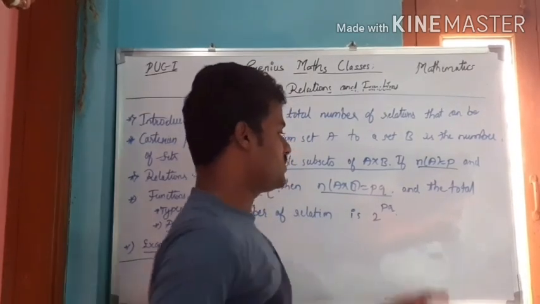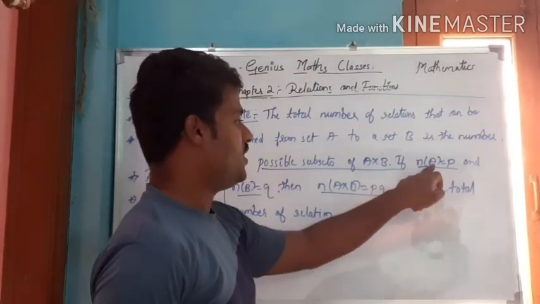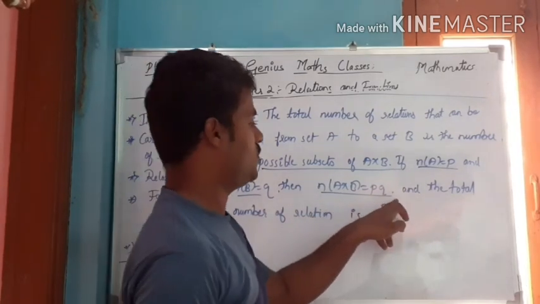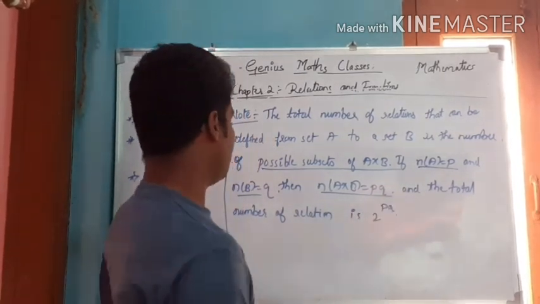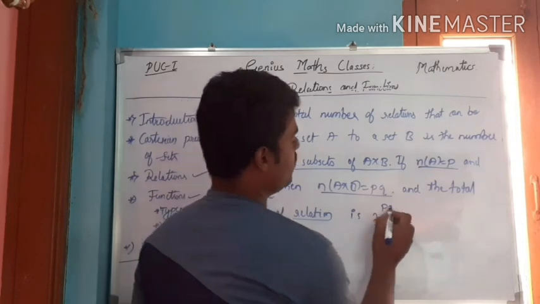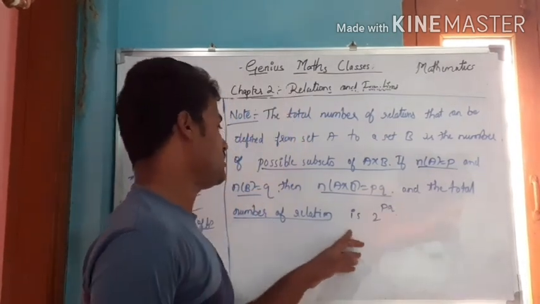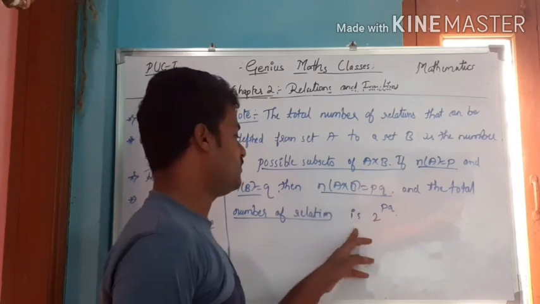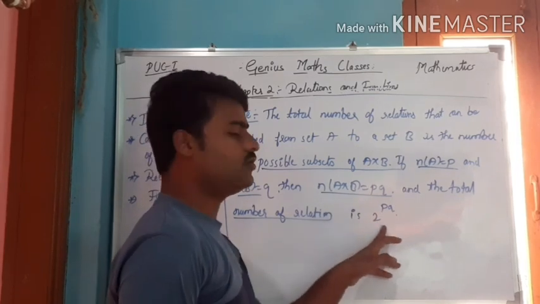We have discussed this earlier. And the total number of relations is 2 to the power PQ. The total number of relations is nothing but the total number of subsets of A cross B. Therefore, the relations are 2 to the power PQ.